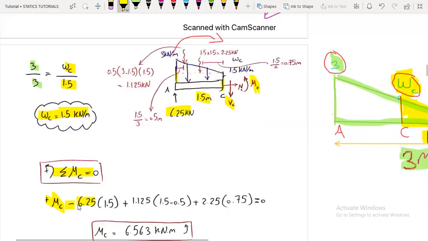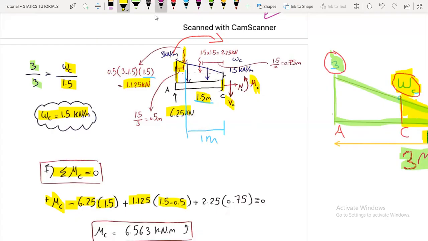Plus 1.125, which is the resultant of the triangular load. From the triangular load, the distance from here is 0.5, but I need the distance till point C. So it is 1.5 minus 0.5, which will give us 1 meter.